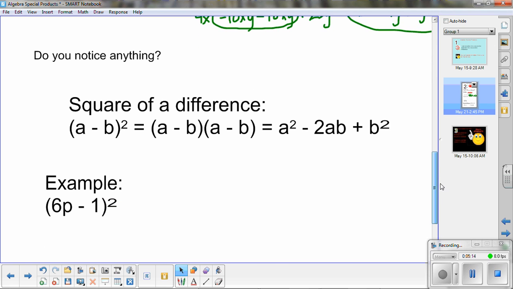So let's go ahead and try that on this one. I want to square the first one. I'm going to take a and square it. So 6p squared is 36p squared. Now we're going to multiply these two together. 6p times negative 1 is negative 6p, and then we double it, so it's going to be negative 12p.